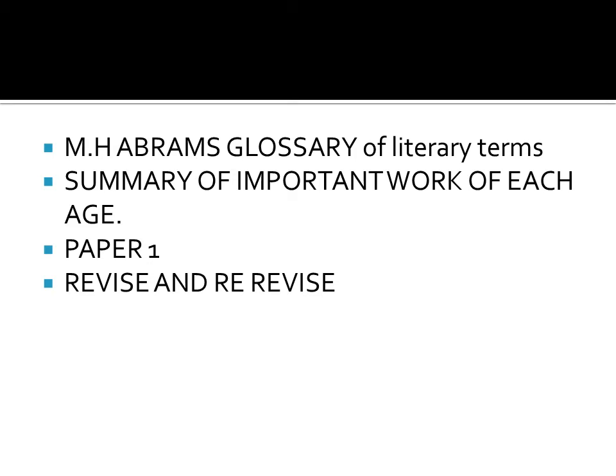The important characters, the important events, everything should come in a second. That should be the quality of the summaries that you prepare. Summaries should start from the work of Chaucer and extend the whole length up to the present works.